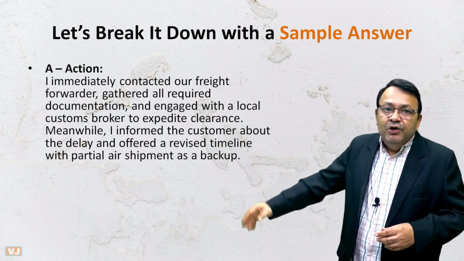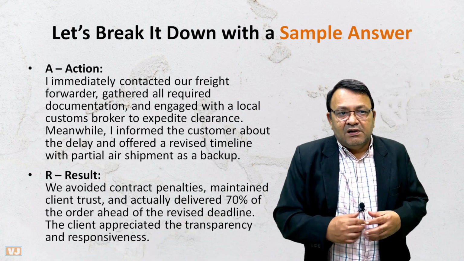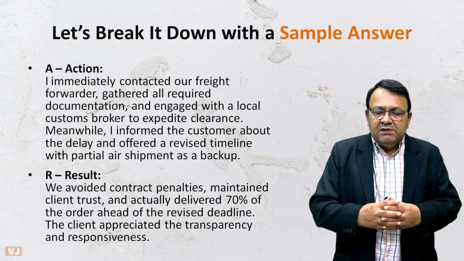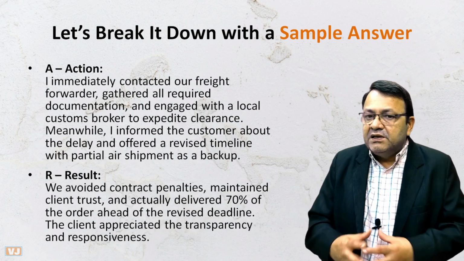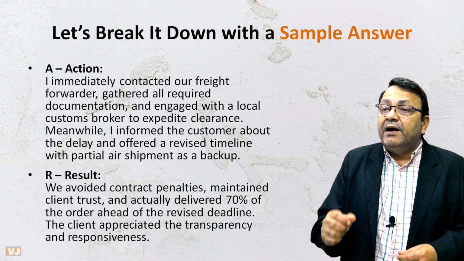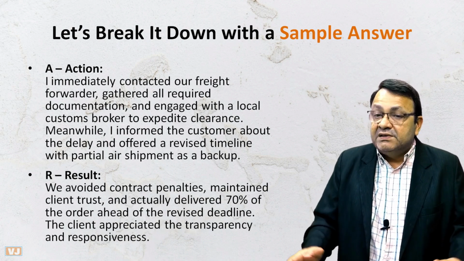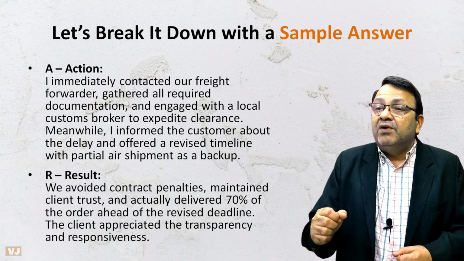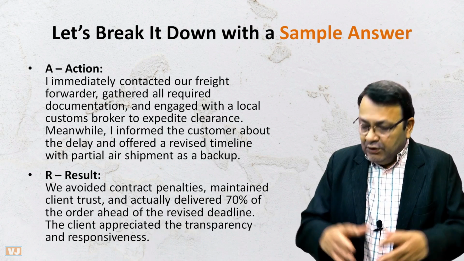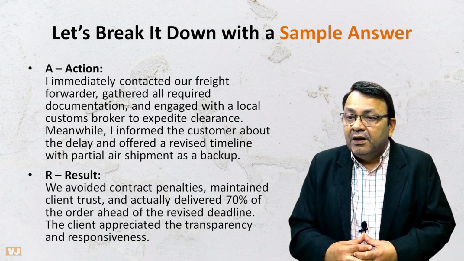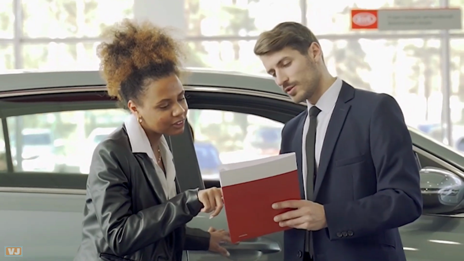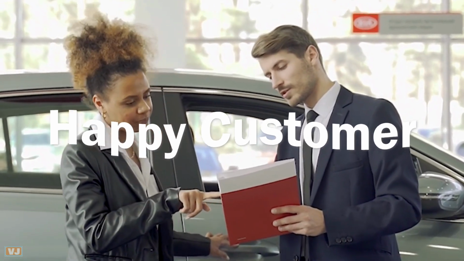And then finally, you focus on the result part of the answer. You can speak like this as an example: in this incident, we avoided contract penalties, maintained client trust, and actually delivered 70% of the order ahead of the revised deadlines that I had given. The client appreciated the transparency and responsiveness from our side.